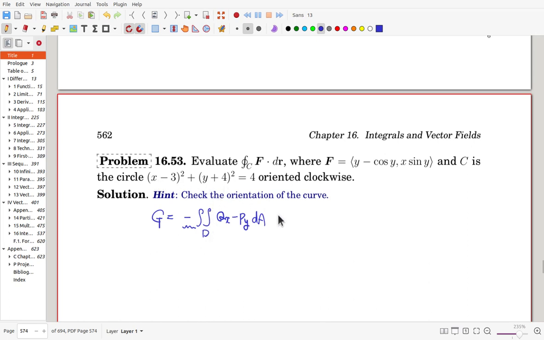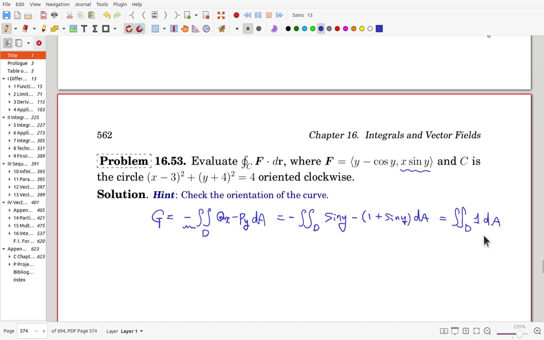Now let's continue. Over D, what is Q sub x? The x derivative must be sine y, minus the y derivative, that is 1 plus sine y. So the sine y will be cancelled, and that is the same as the integral over D with integrand 1 dA.